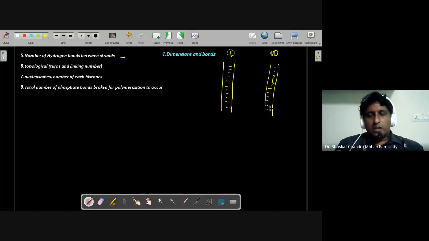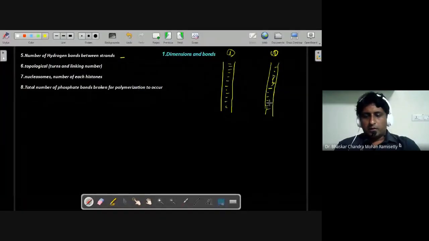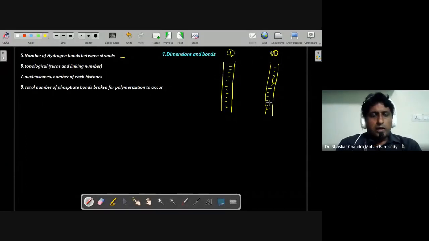So the length and all these things, everywhere you're mentioning, like in the previous one, you should always ensure that you're comparing the sequences. Okay. And then you have topological changes.